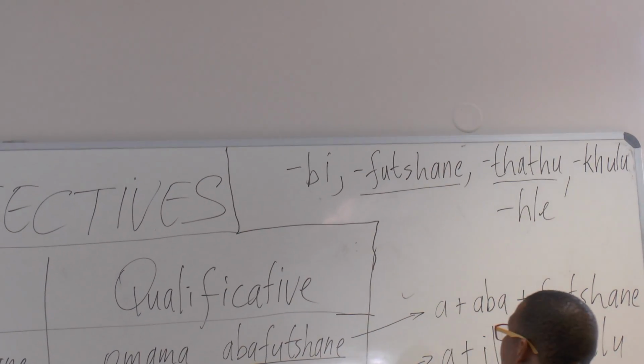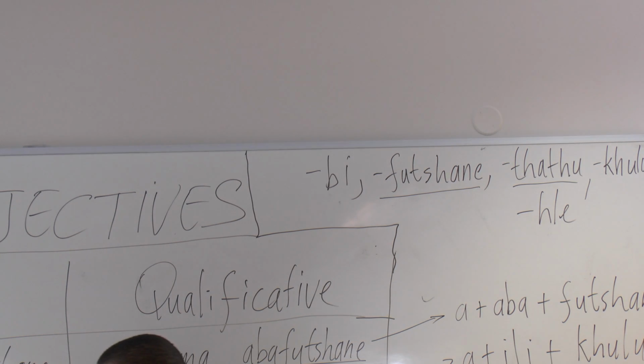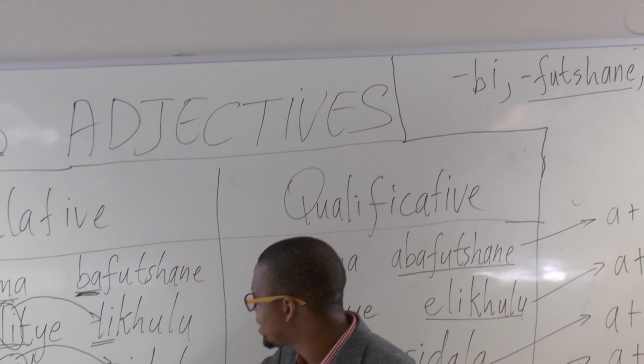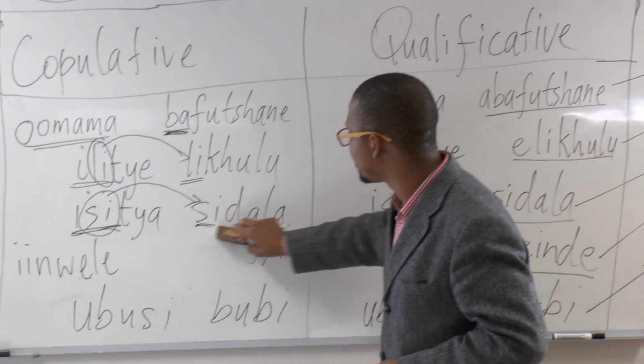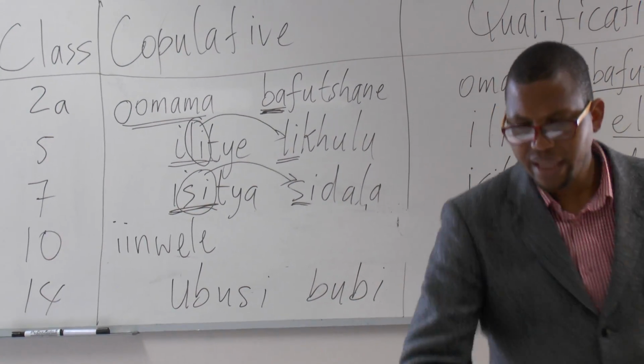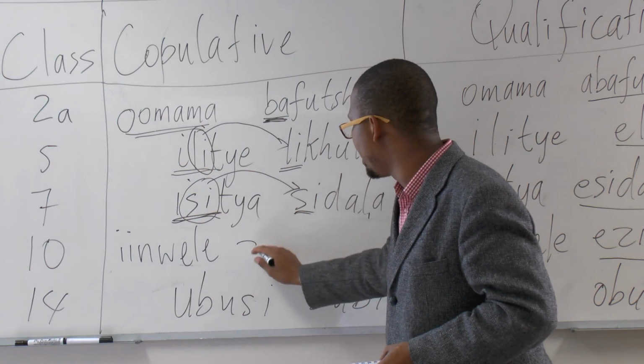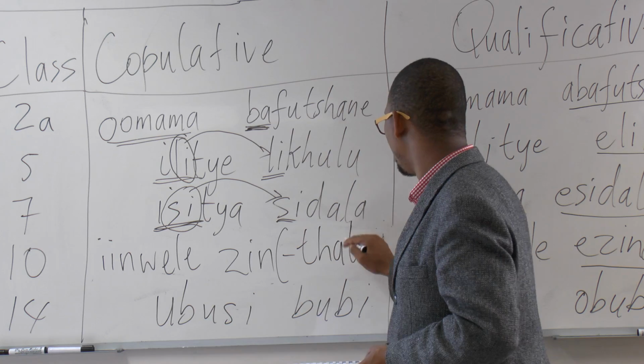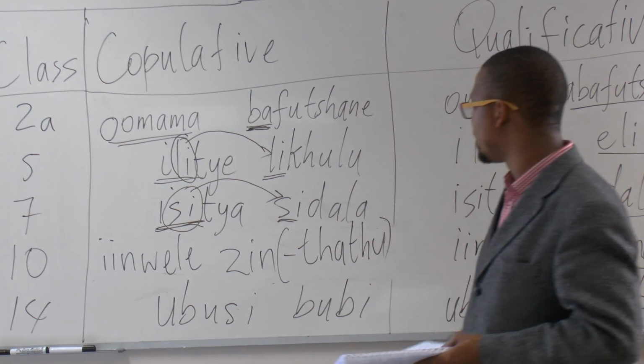The number 3, tattoo, when you use it with class 10. In this case, once again, you want to say hairs are 3. Then we've got inwele zin, and then you've got tattoo, which is your adjective.